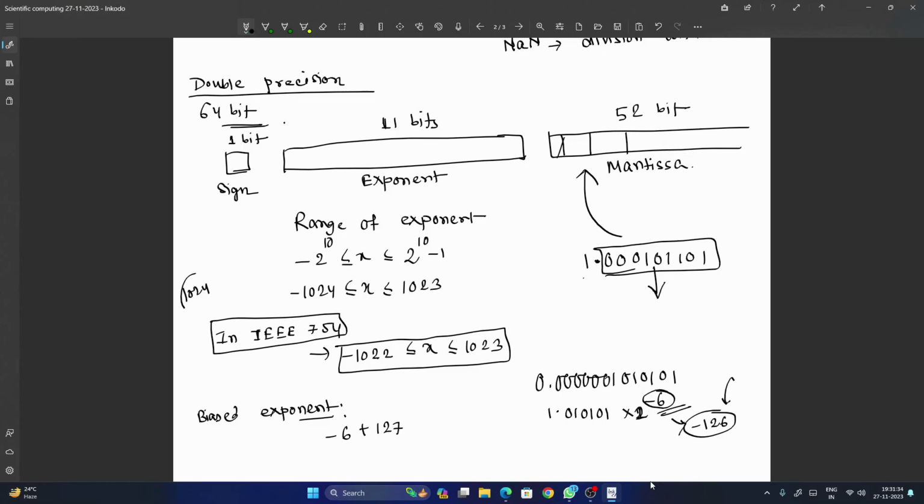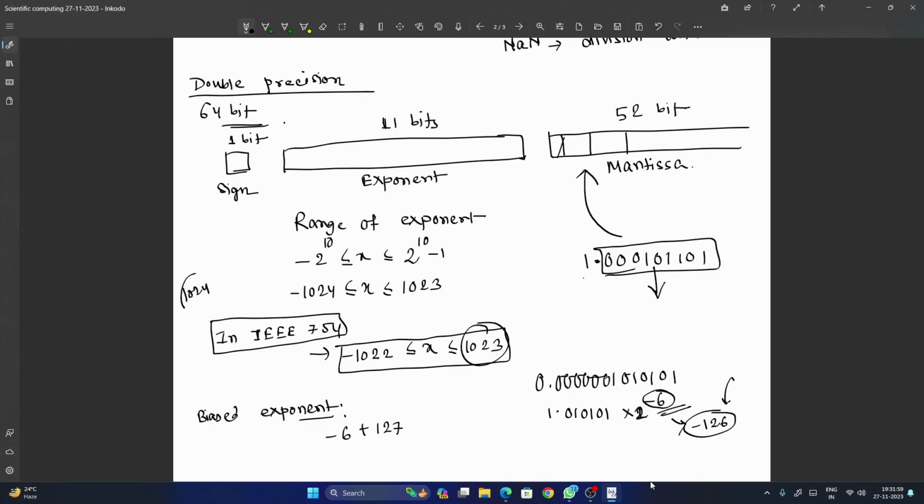That means whenever we want to save the data, whatever the value, we add 127 and then convert it to binary and then save. In this way you can cope with the negative exponent problem. And if it is a 64-bit system, then add 1023, because here the minimum negative is minus 1022.